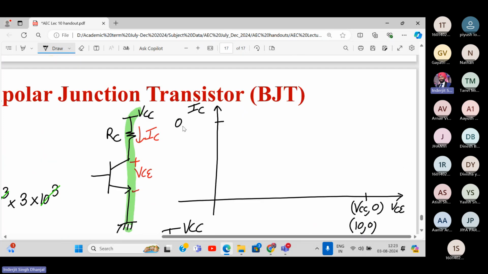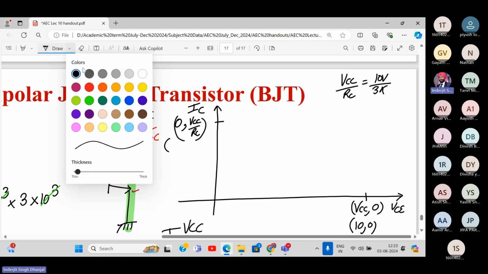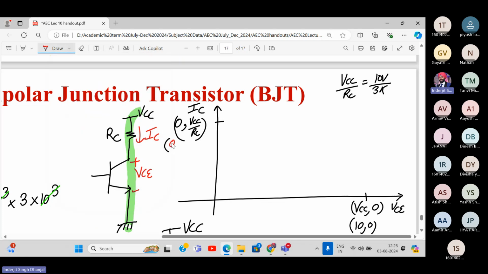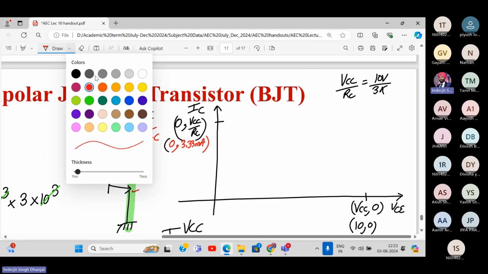And the other is 0, comma VCC upon RC. Can you calculate VCC upon RC? 10 volt divided by 3 kilo. Quickly tell me. It will be a current. I think 3.33 milliamperes, right? If I'm not mistaken.